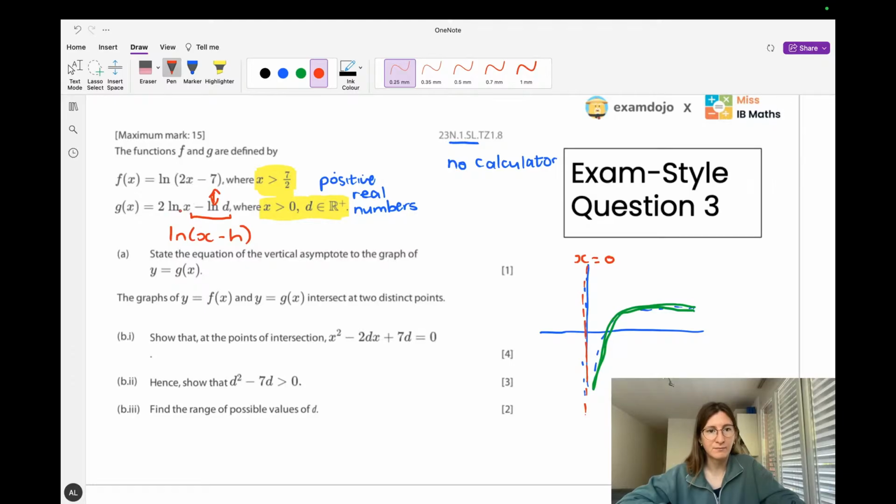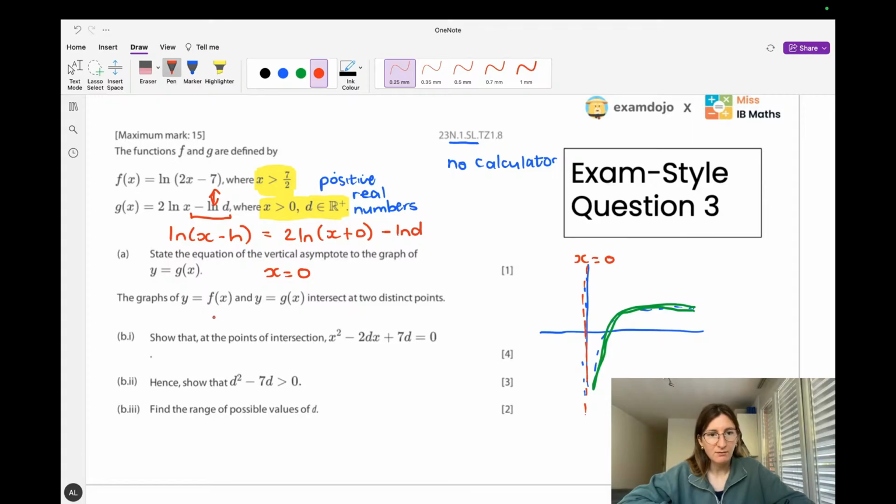So it's the same as saying this is 2 natural log (x + 0) minus natural log d. Nothing has actually happened. So it is still x equals 0. Well, that was a lovely easy mark. x equals 0. I think they're trying to confuse you with the natural log d.